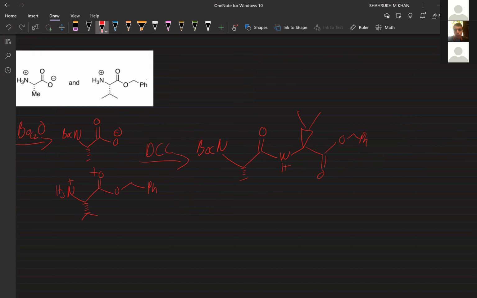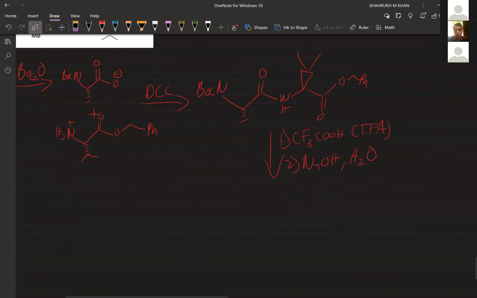Yeah, we'll go downwards. So CF3COOH, right? This is TFA, right? That deprotects. What does that deprotect? The N terminus or O terminus? N, right? And then the second part is base hydrolysis, right? So NaOH. And then you get your final product.